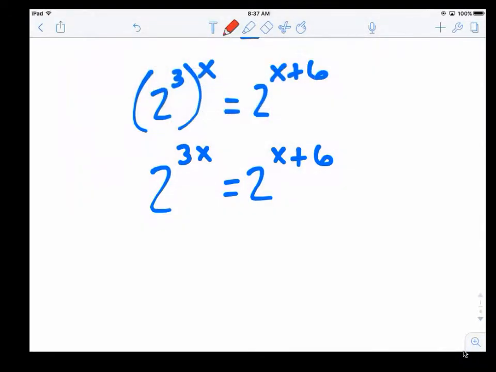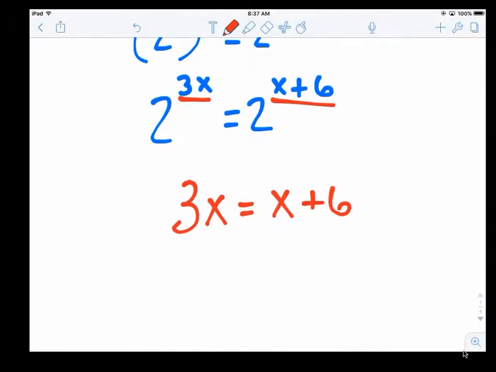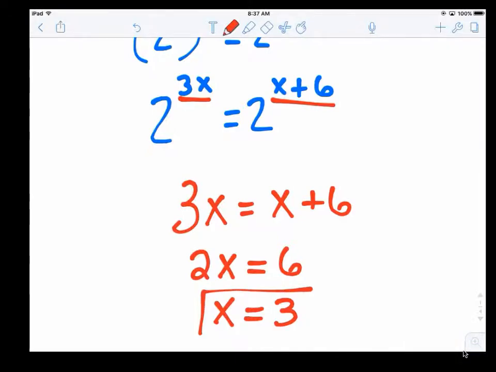Now that I have my bases the same, my exponents must be the same as well. So I have 3x equals x plus 6, so I have 2x equals 6. So x must be 3.